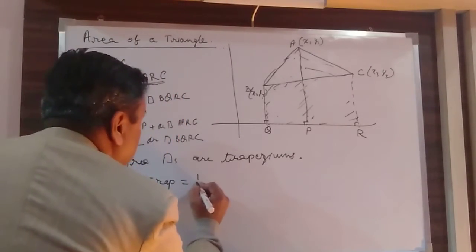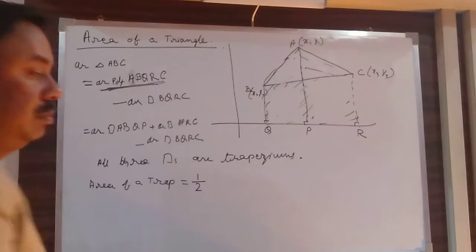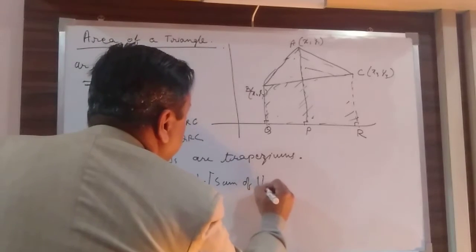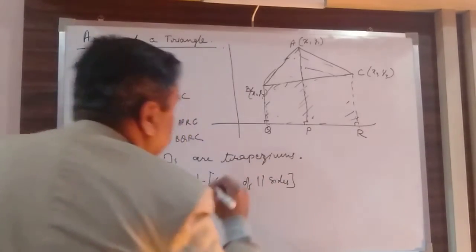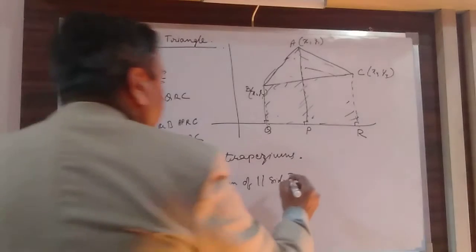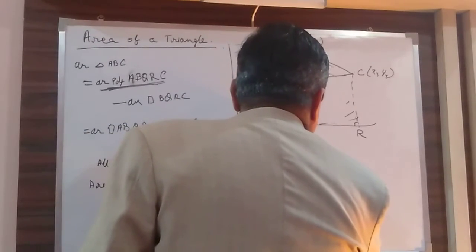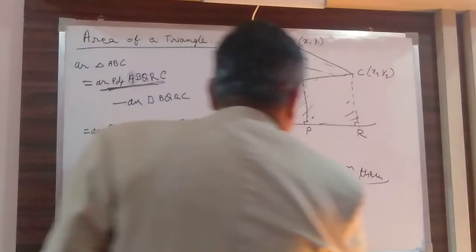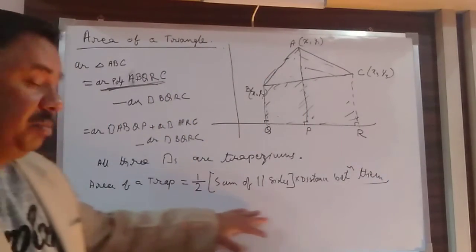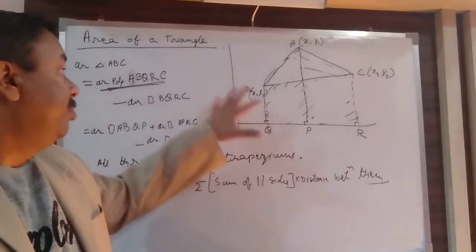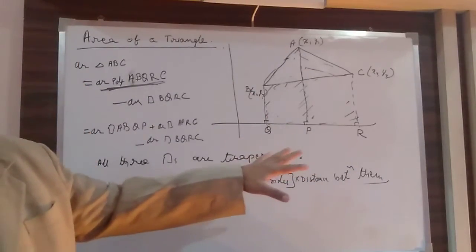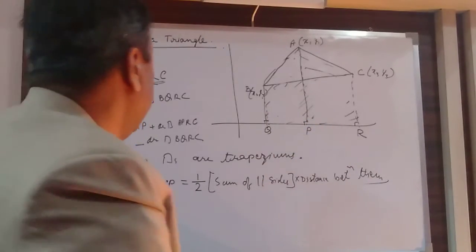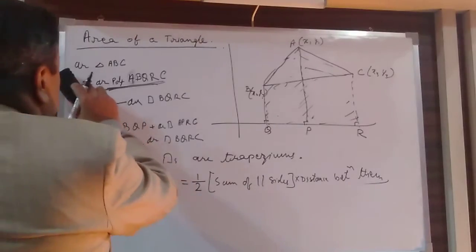It was equal to half of the sum of the parallel sides multiplied by the distance between them. This was the area of a trapezium. I will be using the same thing here. So what do I get by using this?